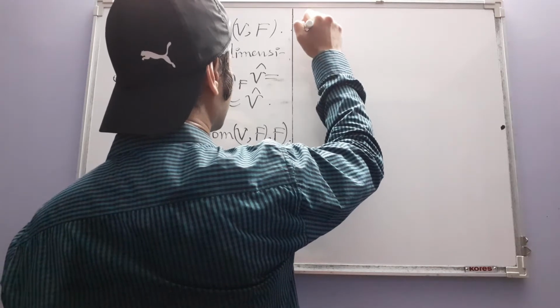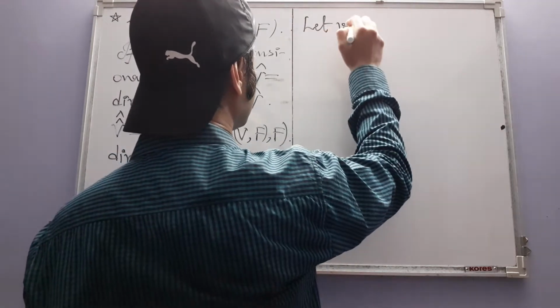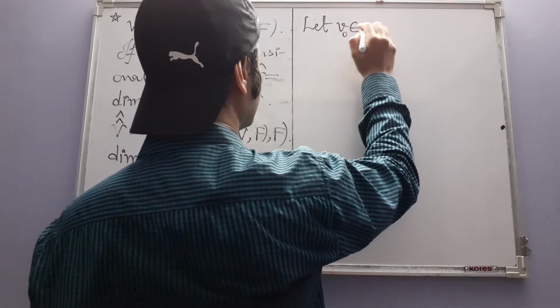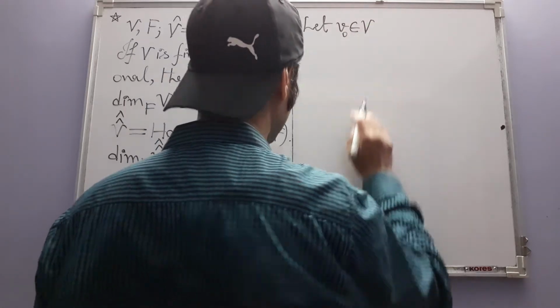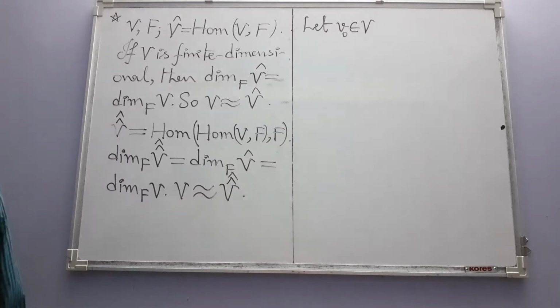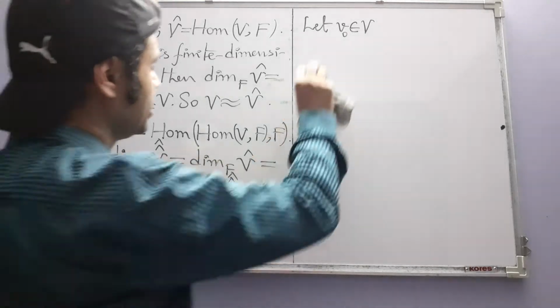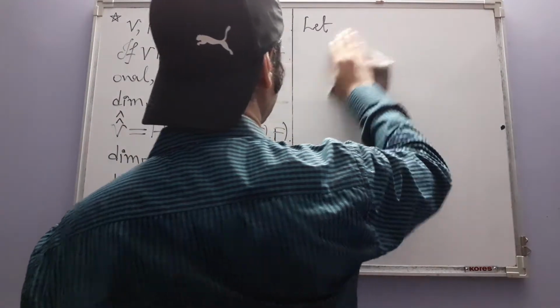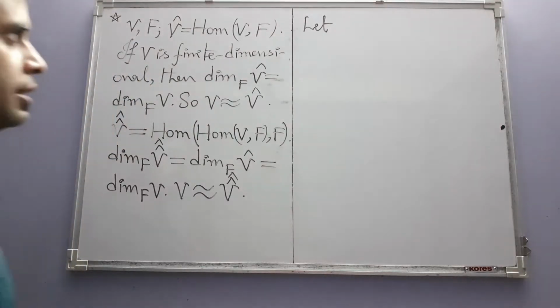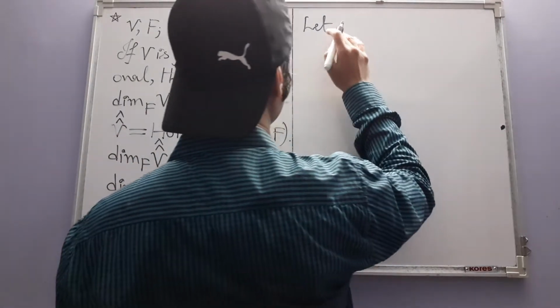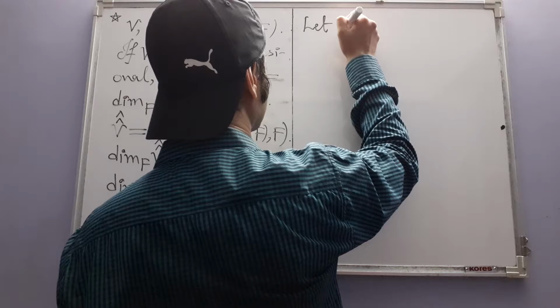So we start like this. We need to first of all say that V is a vector space.